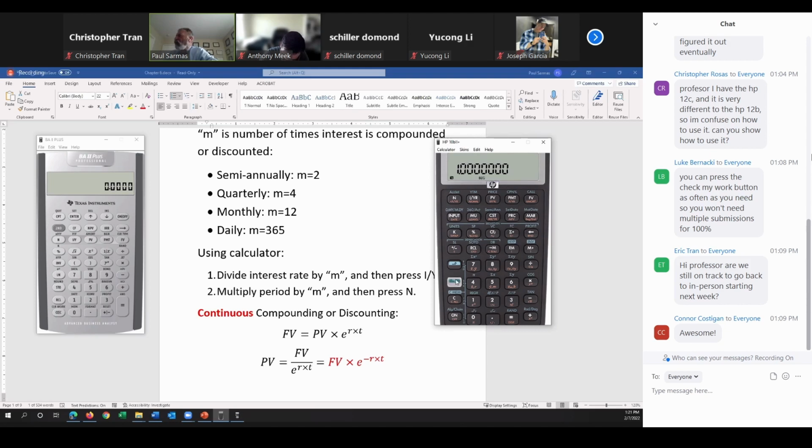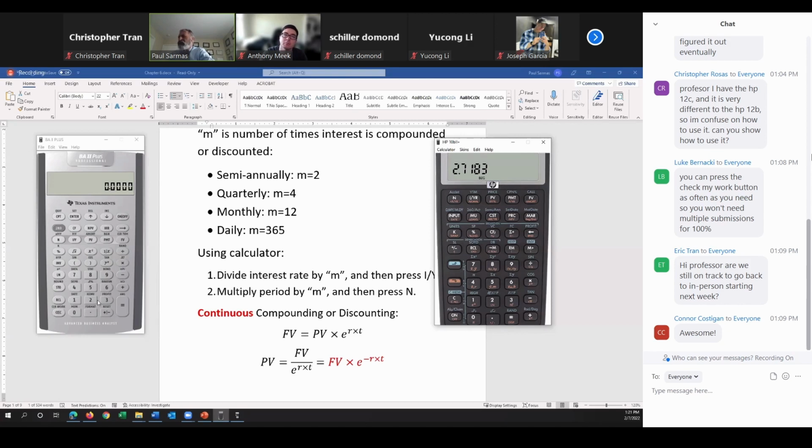So you do orange 1, that's e to the x, and that will give you a value of 2.718. Let me change that to 4 decimal places. That is your e to the power R times T. You multiply that by present value, or you can divide it into future value, depending upon what you calculate.